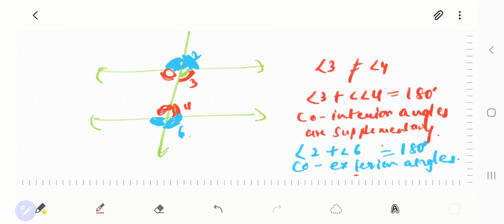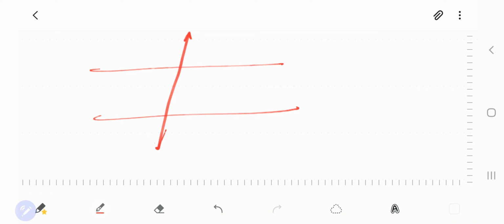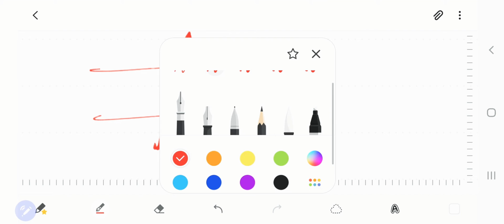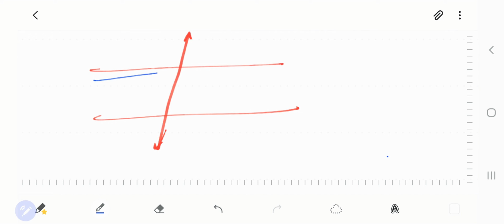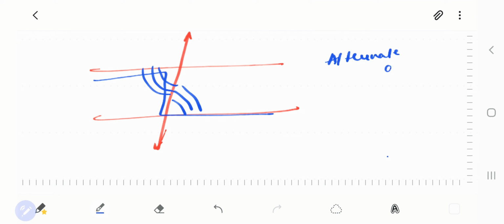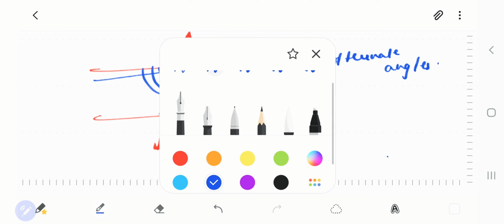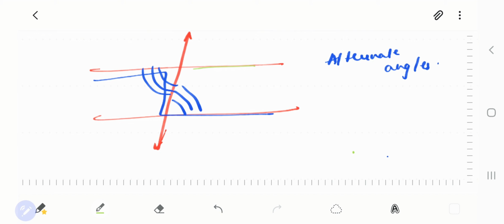Okay. Now, if suppose I am taking two parallel lines and a transversal, can you see there is Z forming angle? These Z forming angles are always equal and they are called as alternate angles. Yes, if you have taken from right hand side, you can also take from left hand side, that is this.